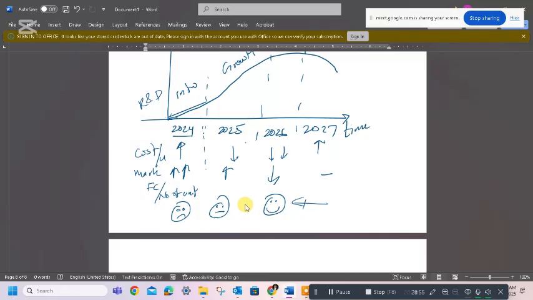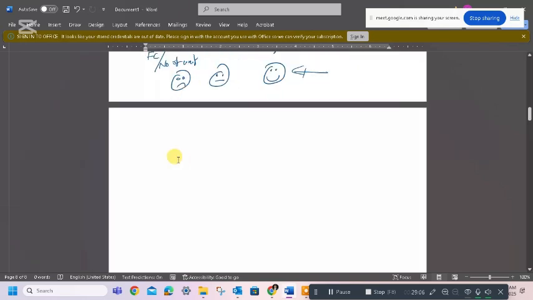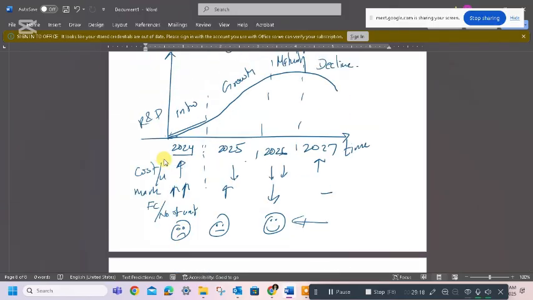To avoid this, what life cycle costing tells is, if your product is for 4 years, have one cost calculated for all 4 years. So what it says is, estimate the total life cycle cost. What is the meaning of total life cycle cost? You have to estimate in all 4 years how many units we are going to manufacture.